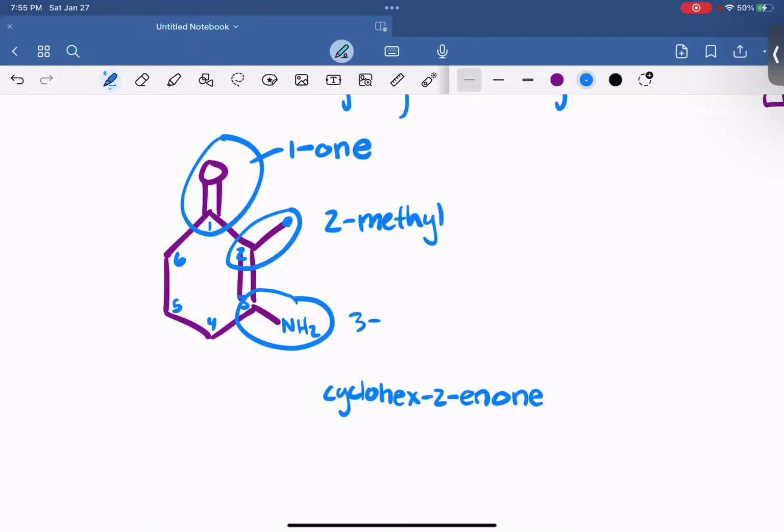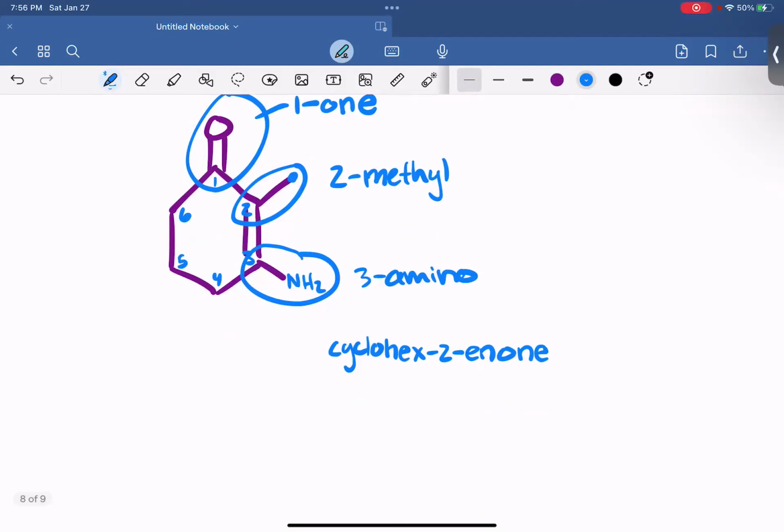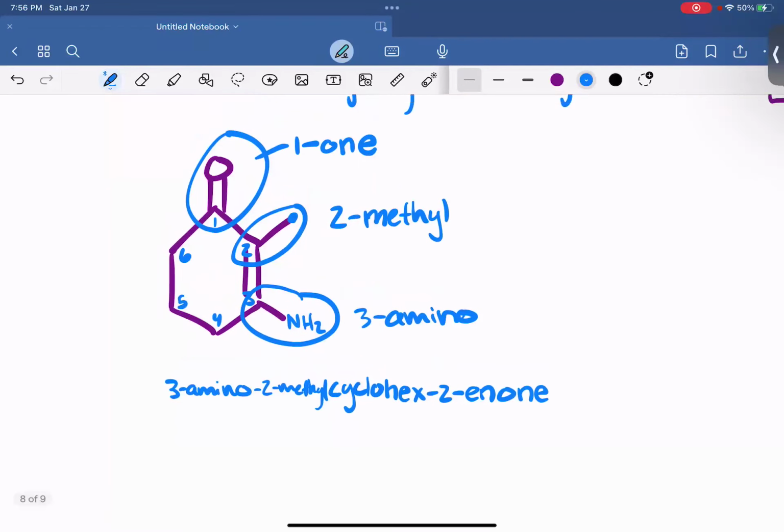So we have a 3-amino. That should be everything, so we order those alphabetically: 3-amino-2-methylcyclohex-2-enone.